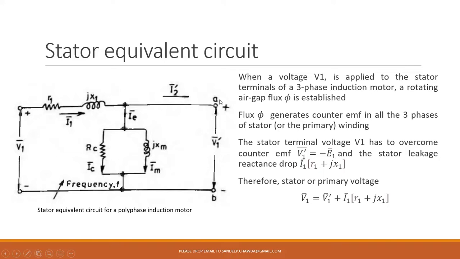When it is added with V1 dash, you get this equivalent circuit. Here the frequency will be your line frequency, since we are talking about the stator. So the outer part of the circuit has been drawn from this mathematical expression.